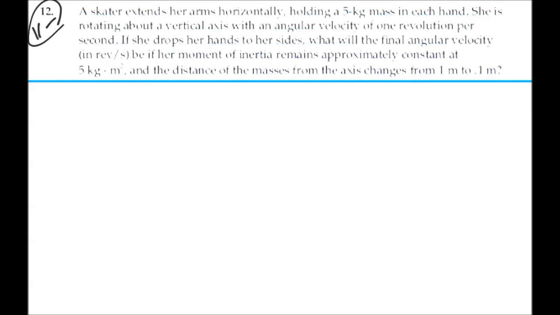Alright, so we're going to deal with angular velocity in revolutions per second. We normally change it to radians per second, but since we're using the same units for initial and final, we'll be fine.